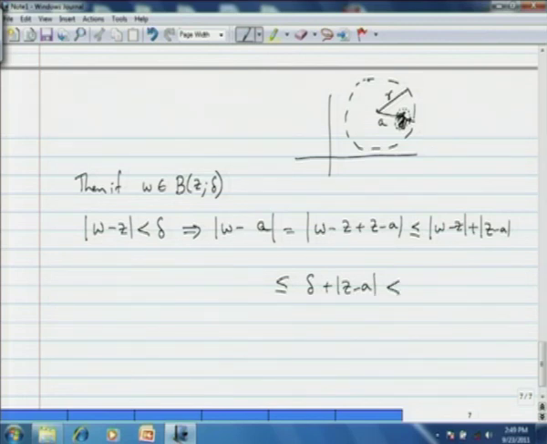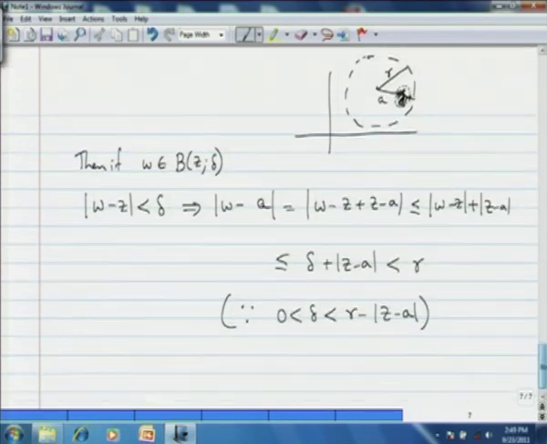which now is strictly less than r, because delta was chosen to be between 0 and r minus the modulus of z minus a.